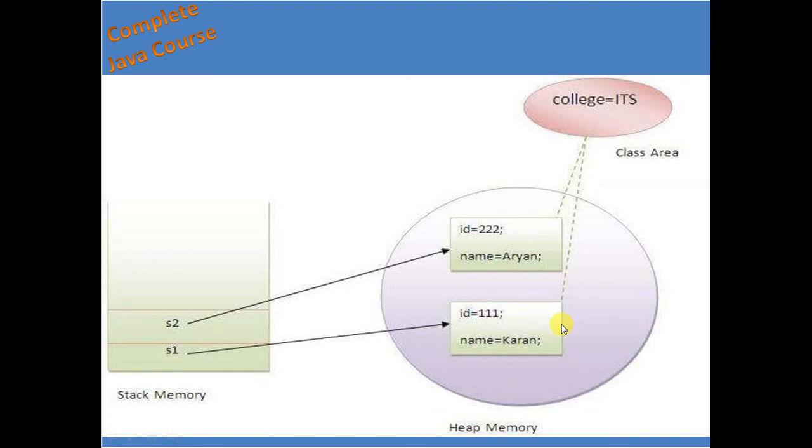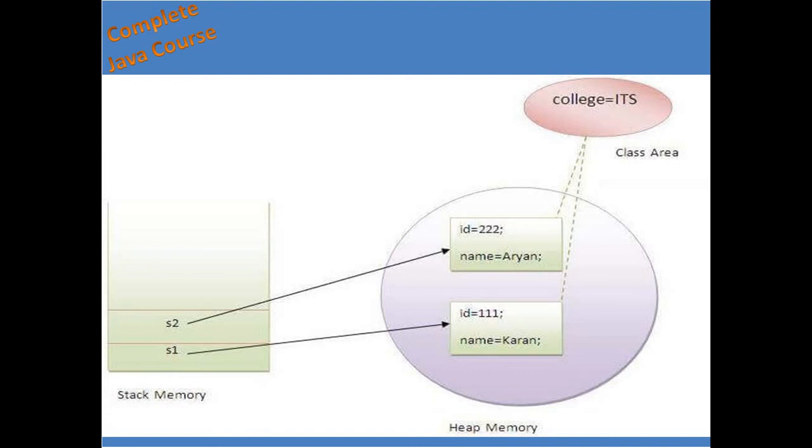If there are n number of objects, the static member variable will be common for all the objects. This is the use of the static keyword. Suppose you have 5000 students, then you need not create a college field 5000 times for each and every object.